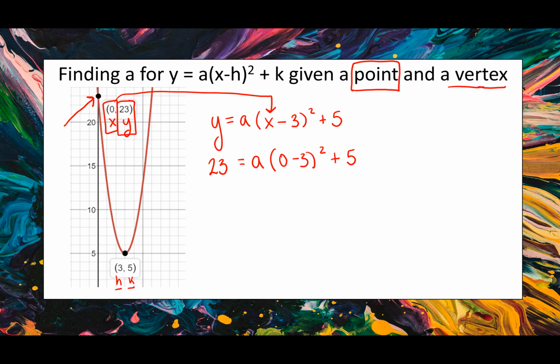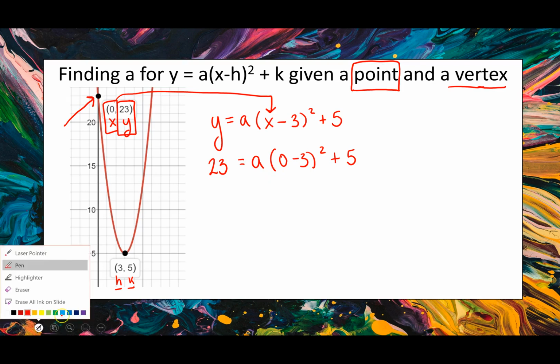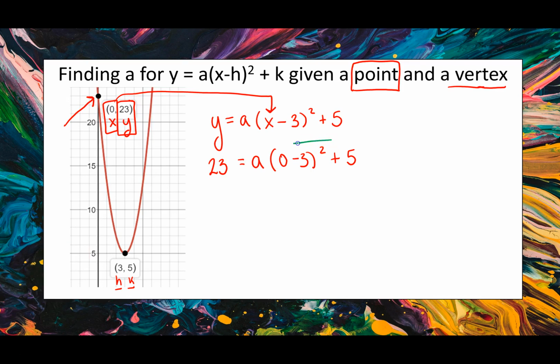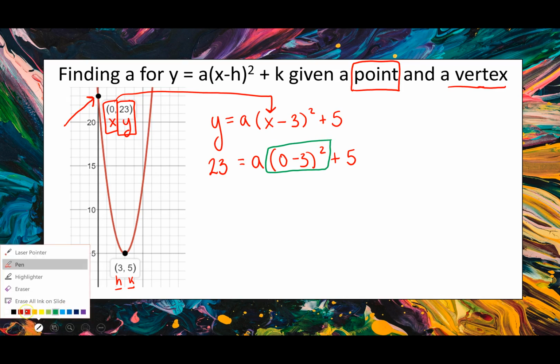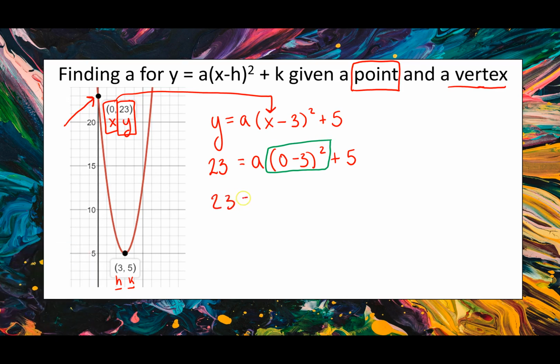Okay, now we need to solve for a, and of course we have to follow order of operations here. The first thing that we're going to do is simplify what 0 minus 3 squared is. Well, what is 0 minus 3? Of course, that gives us negative 3.